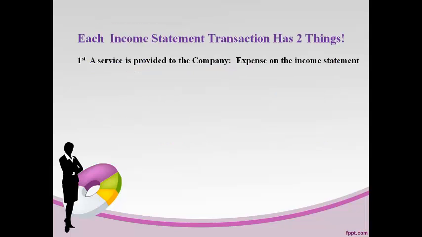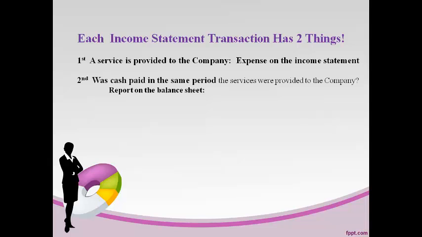Each transaction that creates an expense also has two parts. Two parts are required for the accounting equation to remain in balance. Expenses are reported in the period that a service is provided to the company. The question of when cash is paid must be answered. If cash was paid in the same period, cash simply decreases.